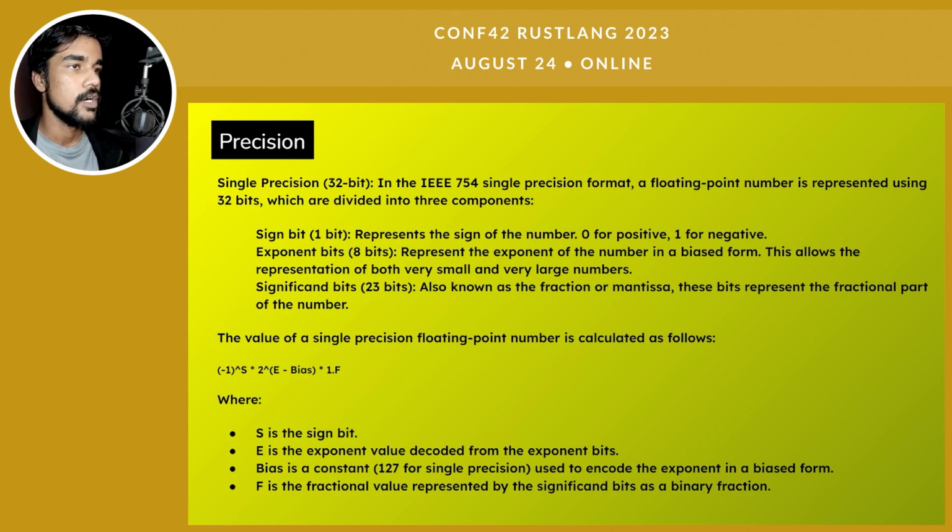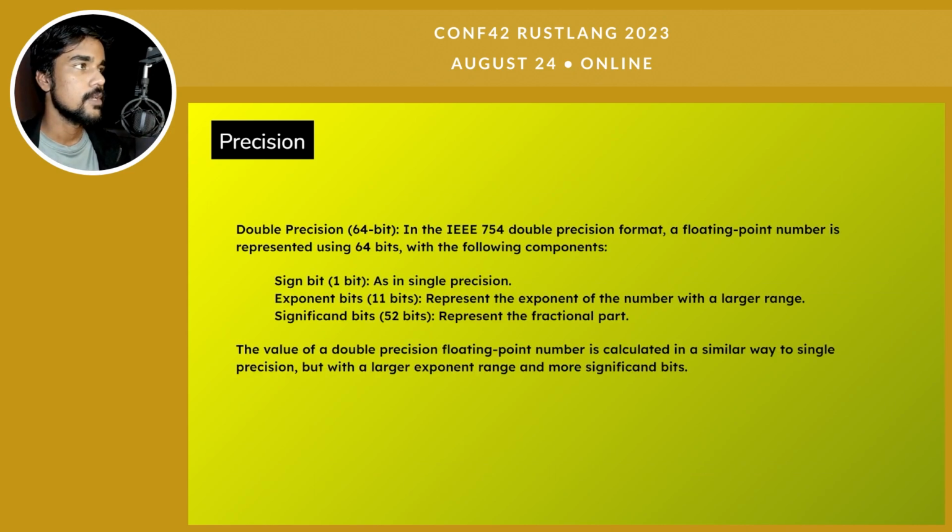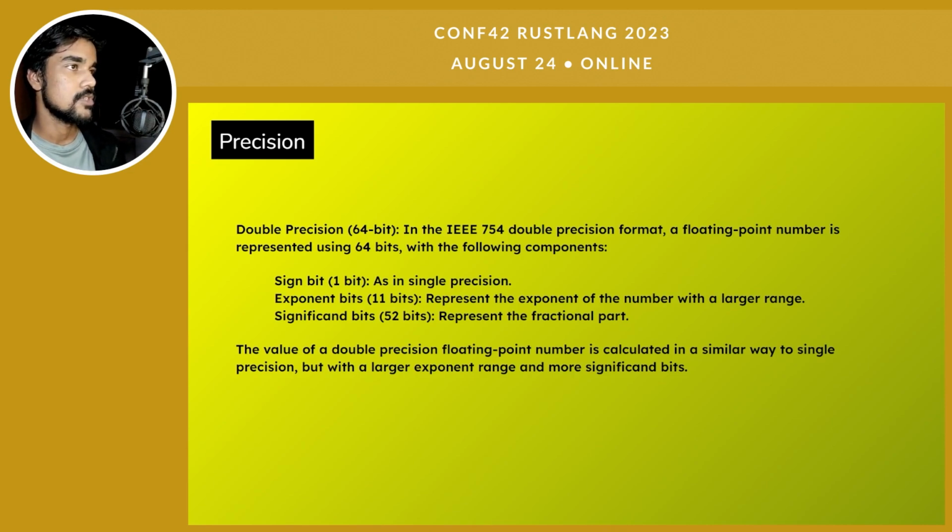Going to the next one. We also need to take a look at double precision, because these two are the most used in any programming job. Double precision in IEEE 754 contains a similar layout, but with enlarged precision and range.